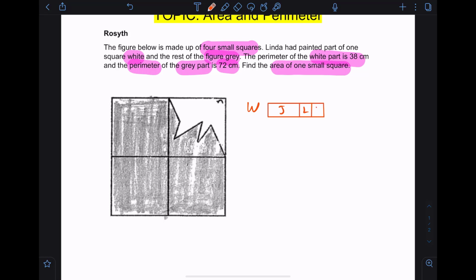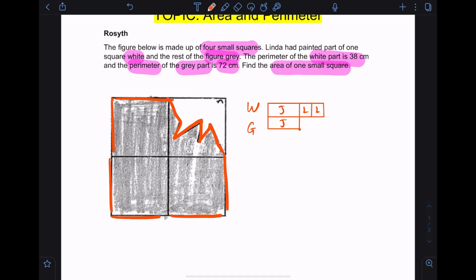Okay, so we have length. And then for the grey part, we have the same jagged part, but now remember for the grey part, jagged part plus 1, 2, 3, 4, 5, and 6 lengths.